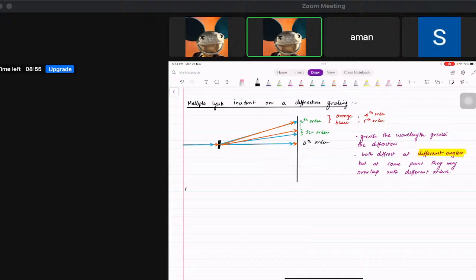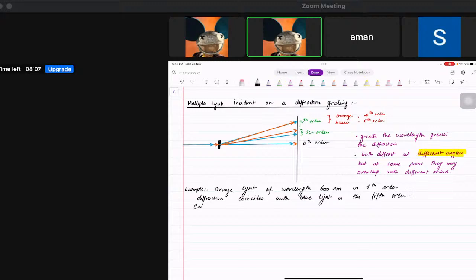I'm going to write this: orange light of wavelength 600 nanometer in 4th order diffraction coincides with blue light in the 5th order.